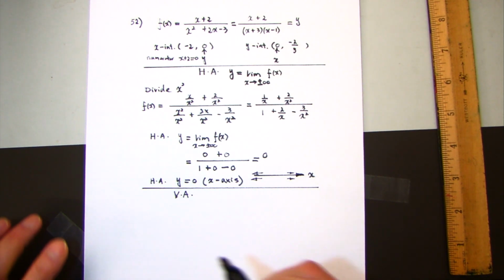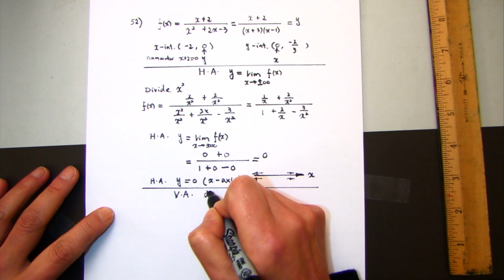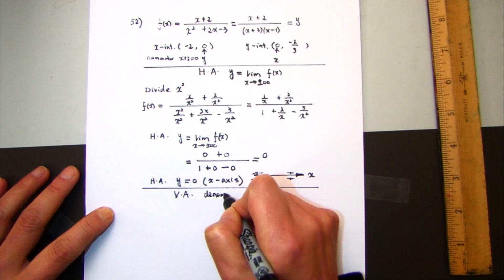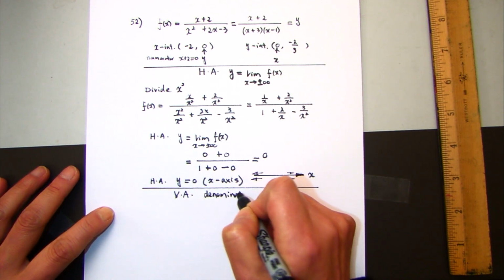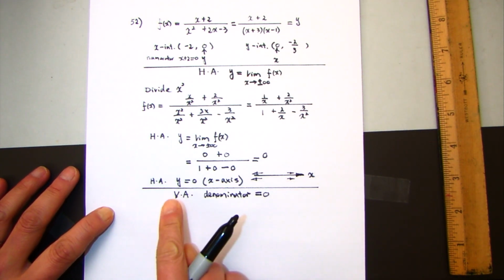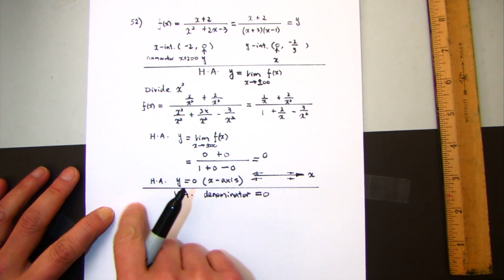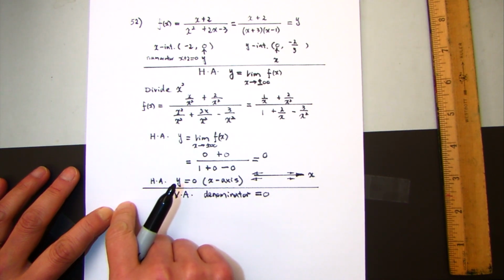Let me write this out. Denominator equals 0. And that is, you notice, closely associated to domain. So we may as well just spell out the domain right now.